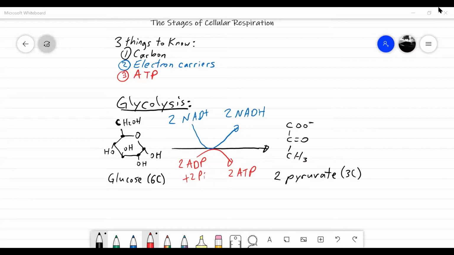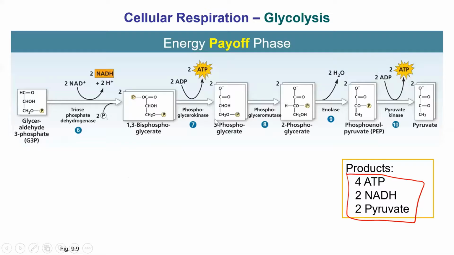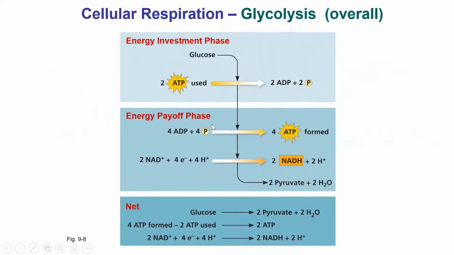I'm just going to go back to the PowerPoint and finish talking about glycolysis. I told you I'd come back to this, and hopefully it makes a little bit more sense in terms of what is going on. We've got the investment phase where we are consuming 2 ATP. We've got the payoff phase where we are producing 4 ATP and 2 NADH, and we end up with pyruvate.